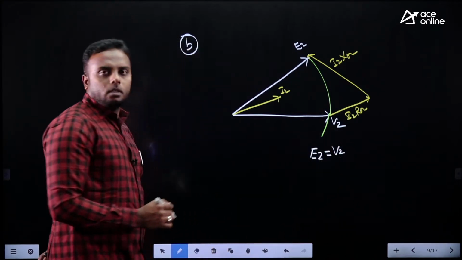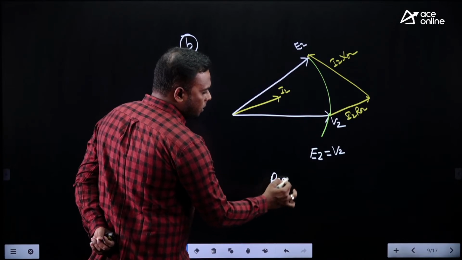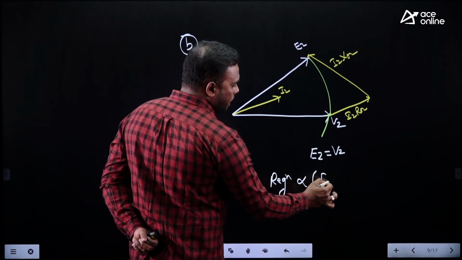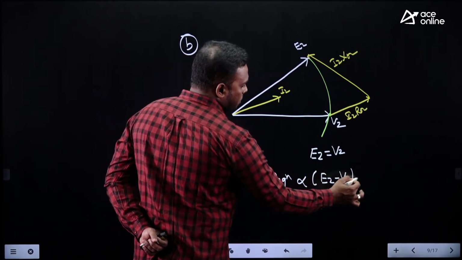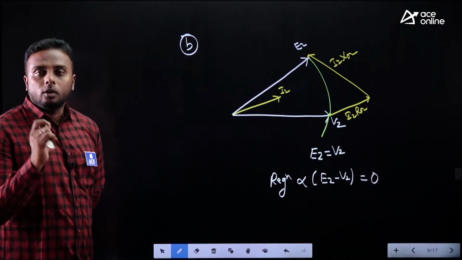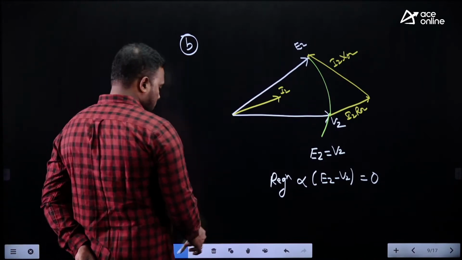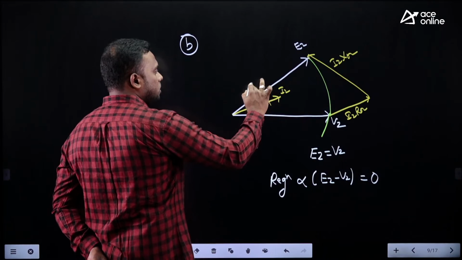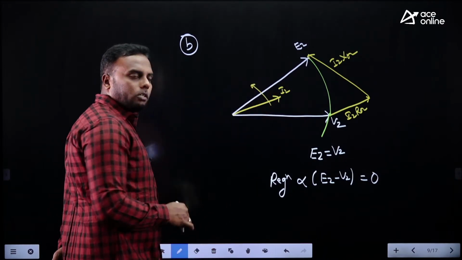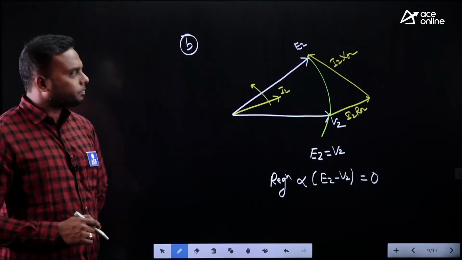As both are equal, what regulation do we get? Zero, because the difference is zero. Regulation is proportional to E2 minus V2. As both are equal, regulation is zero. So we get zero regulation at one leading power factor. Now let us move the current still more leading, towards this. Then we get negative regulation.